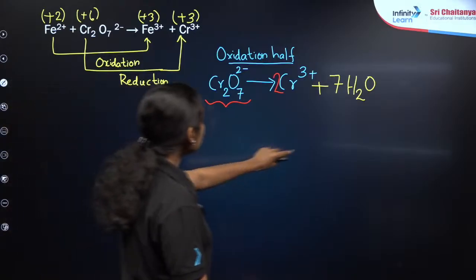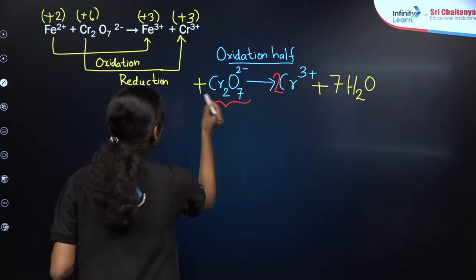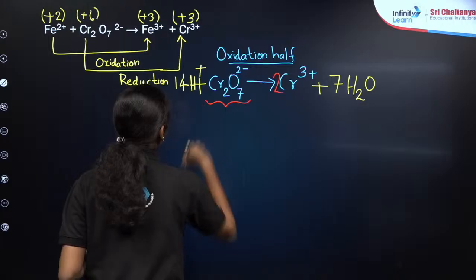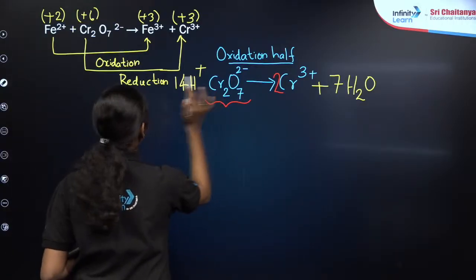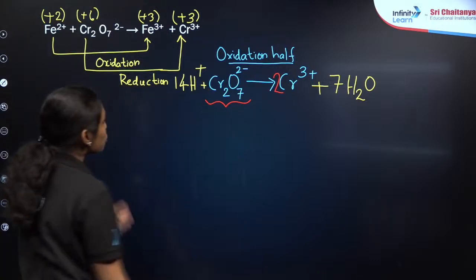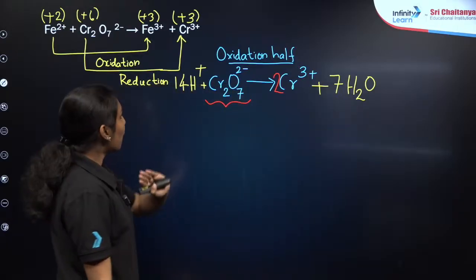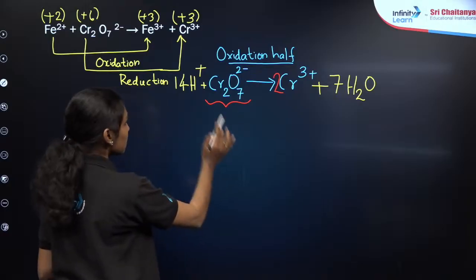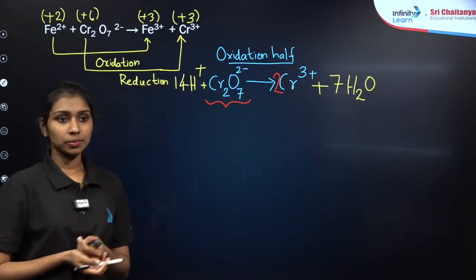Okay, here you can see that 7 into 2, 14 hydrogen atoms are present, but there are no hydrogen atoms on the other side, so I am adding 14H+ here. Cr2O7 2- plus 14H+ gives 2Cr3+ plus 7H2O. So far we have balanced the hydrogen atoms, oxygen atoms, chromium, and all the atoms are balanced here, right?